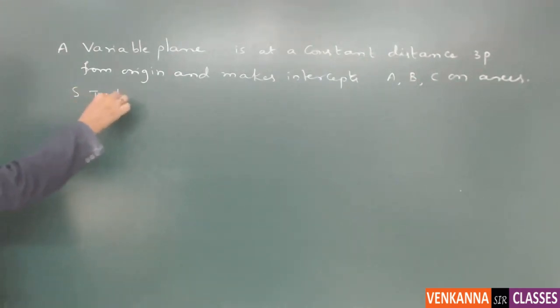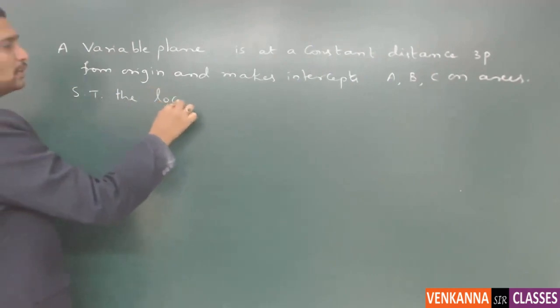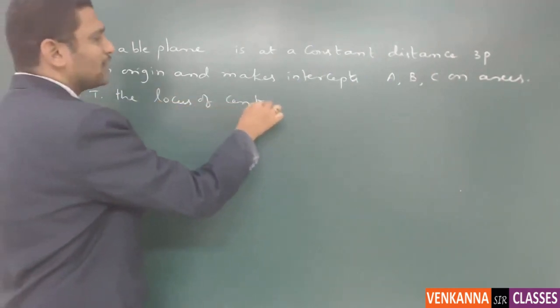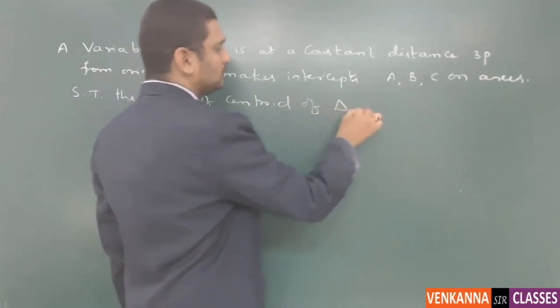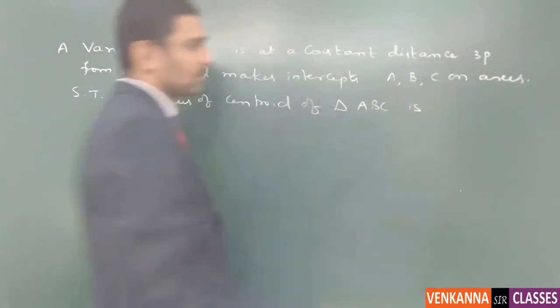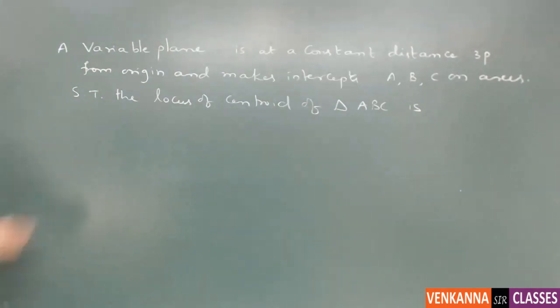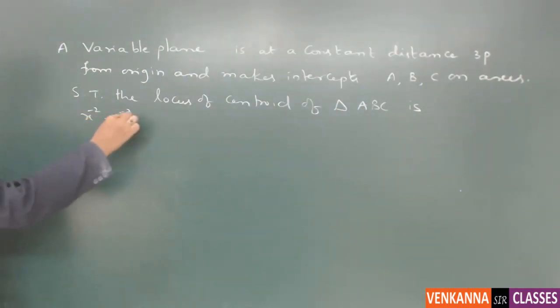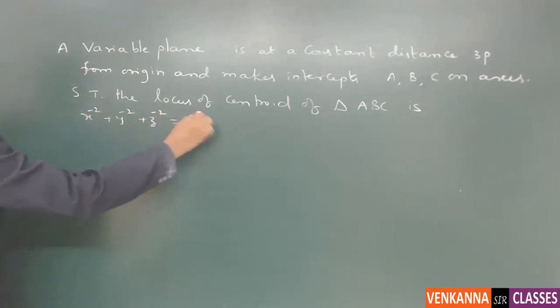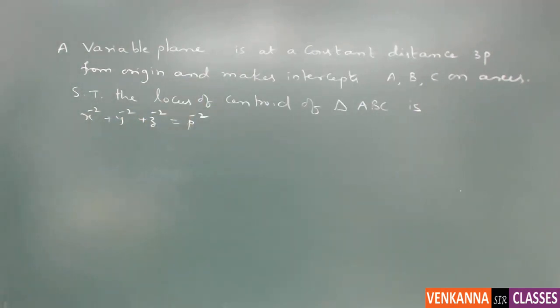Show that the locus of centroid of triangle ABC is x power minus 2 plus y power minus 2 plus z power minus 2 equals to p power minus 2. Okay? So please take a note of the problem.